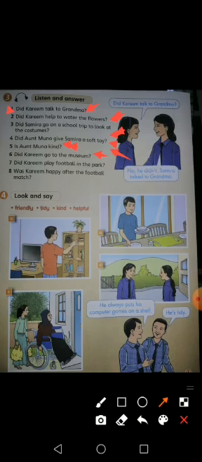No, he didn't. He watched a football match at the stadium. He didn't go to the museum with Aunt Mona and Samira and the mother. He went to the stadium with Uncle Hassan and the father, right?